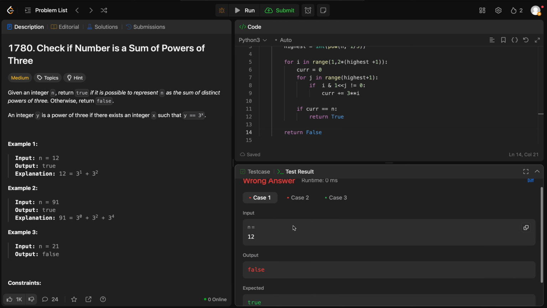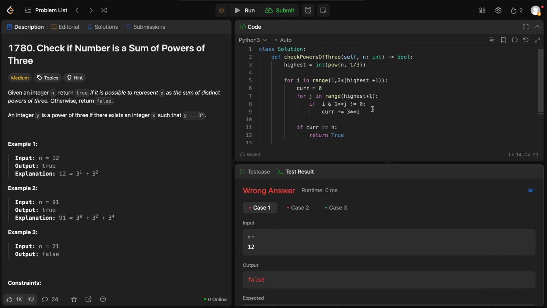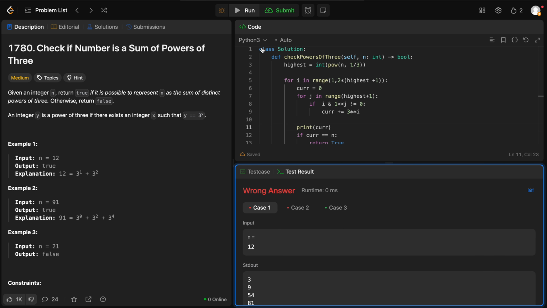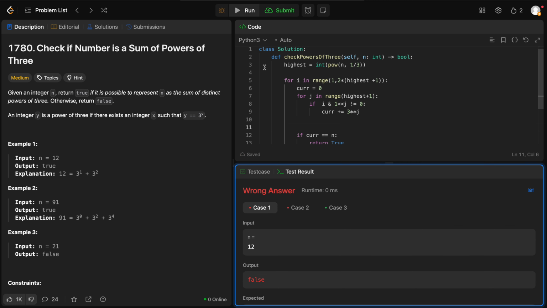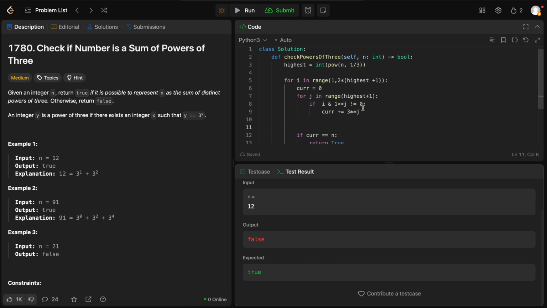And why was it false? Oh, my bad. So 3 to the j. Huh?